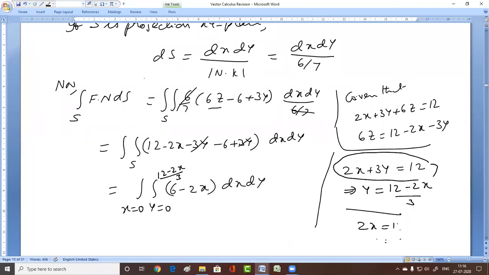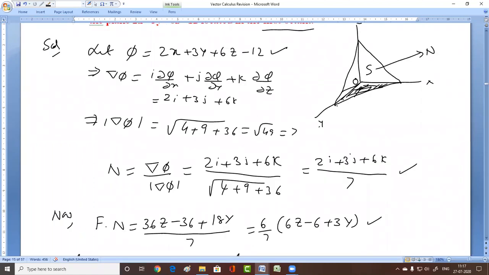Not removing actually, this is just a shortcut method. x varies from the origin to the x-intercept. What is the x-intercept? If you write 2x plus 3y plus 6z equals 12 divided by 12, in the form x by a plus y by b plus z by c equals 1, the x-intercept is 6, 0, 0.